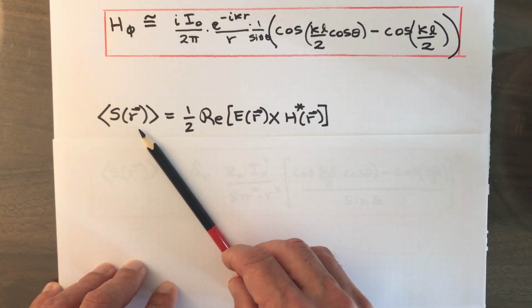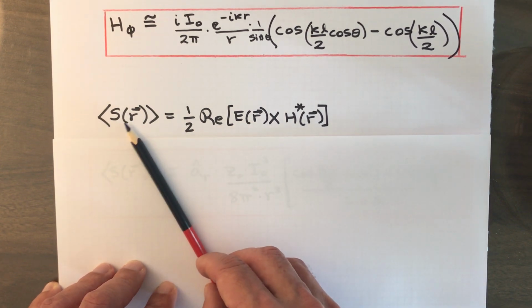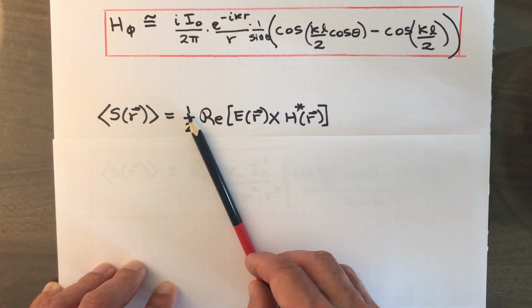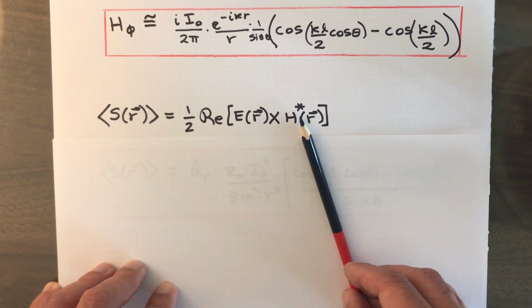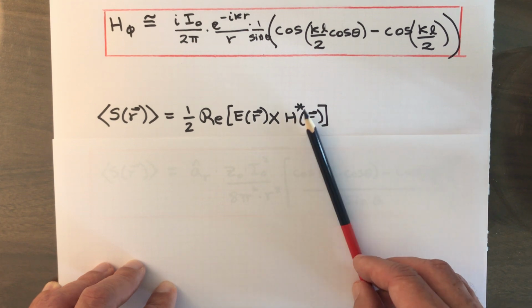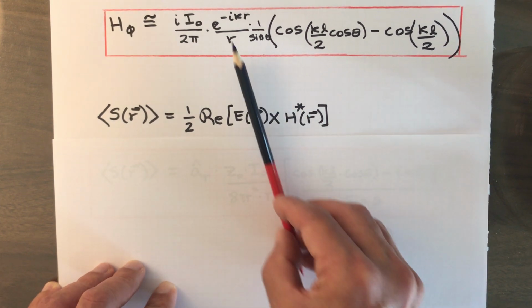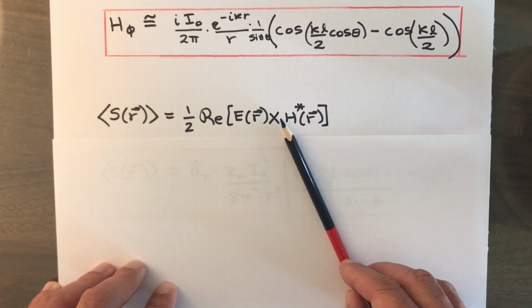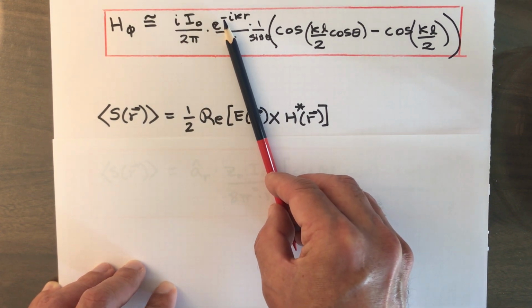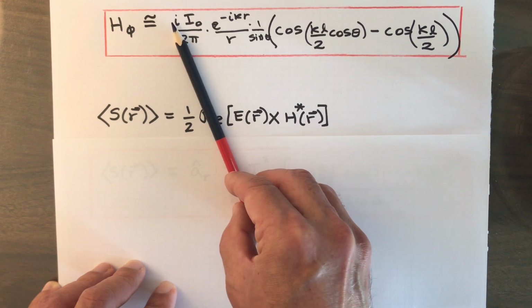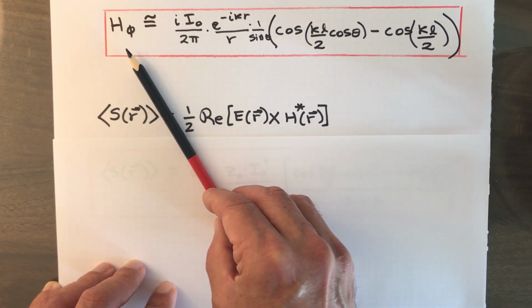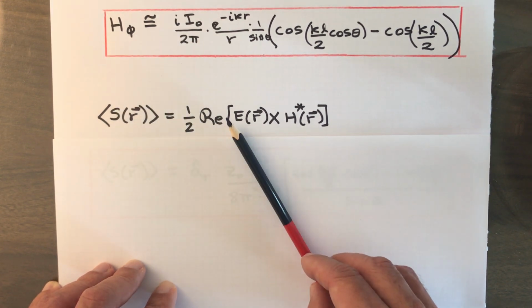Following that, we find out what the Poynting vector averaged would be. It would be 1/2 times the real part of this product. And notice that the magnetic field comes in as a complex conjugate. That means that every i gets replaced with a minus i. So that becomes a plus i in the exponent. That i right there goes to minus i, which then multiplies times the i in the electric field.